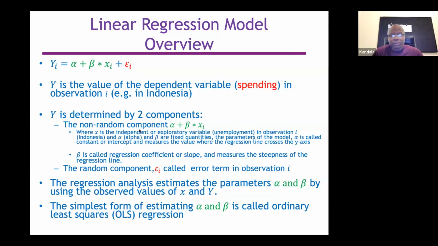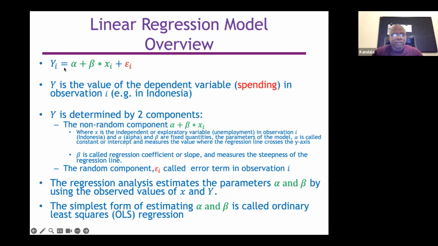For our example of unemployment, we really need to estimate alpha and beta, which are non-random, so they are part of the non-random part of the model.